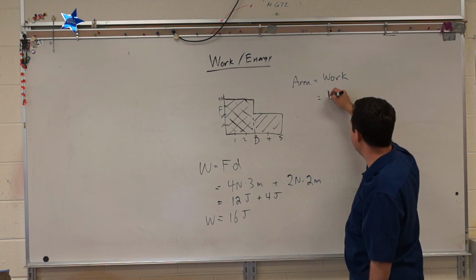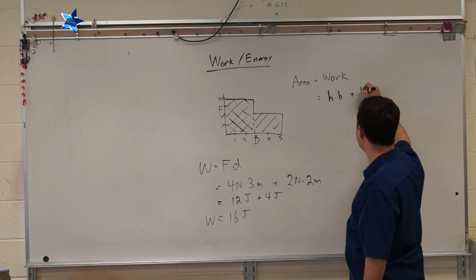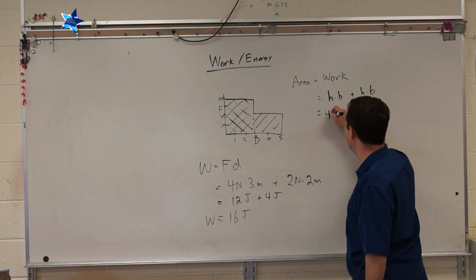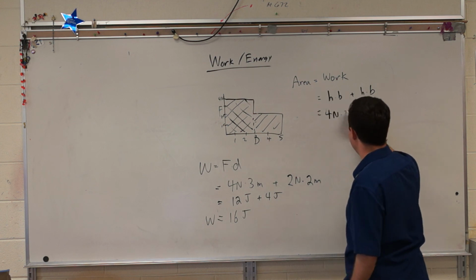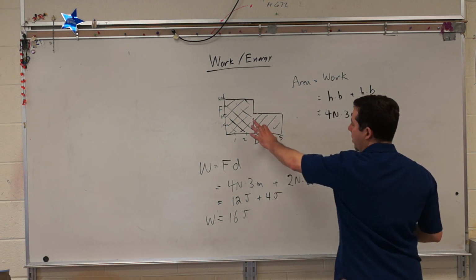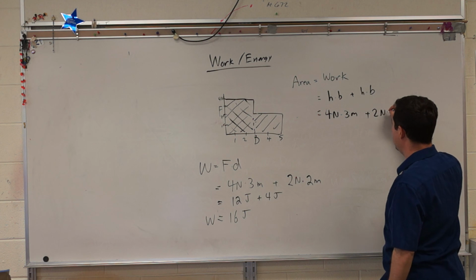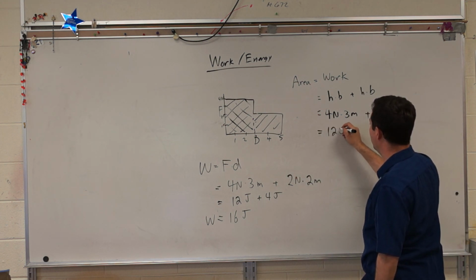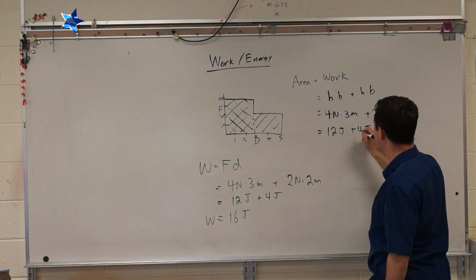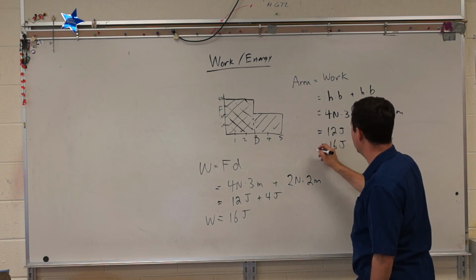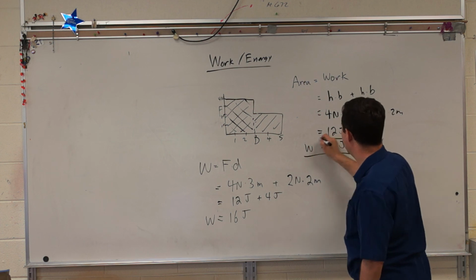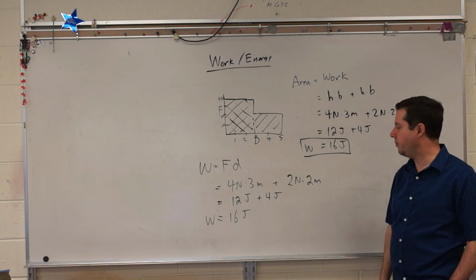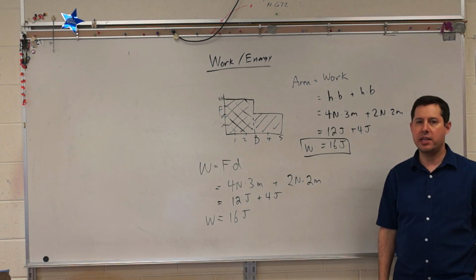So it's height times base plus height times base of the different shapes. The height of this is 4 newtons, the base of it is 3 meters. The second one has a height of 2 newtons and a base of 2 meters. So you still end up getting 12 joules plus 4 joules is 16 joules. So you get the exact same result for both, 2 different ways to do it. That's it for now.